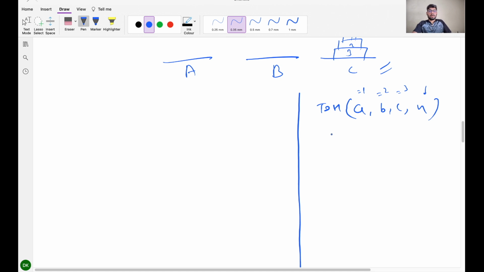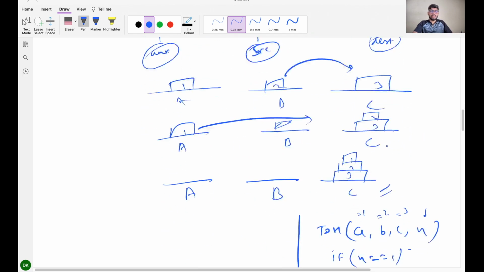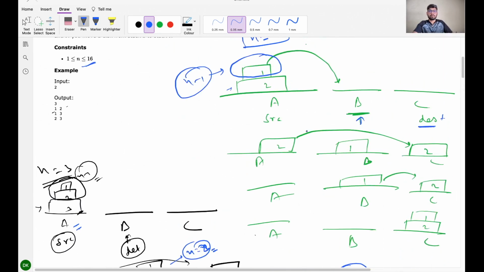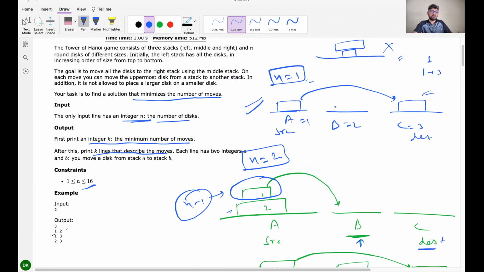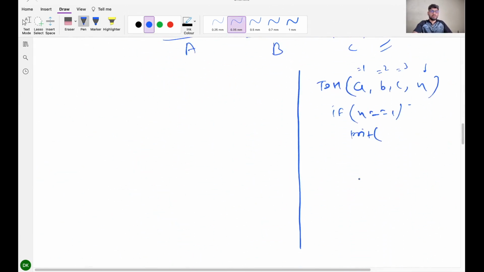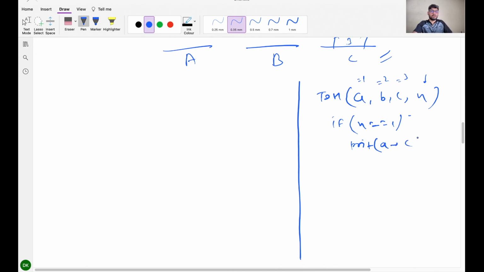So I am writing my base case. If N is equal to 1, then I just have to print or store A to C. For N equal to 1, it is just A to C, so I can store it in a vector or I can print A to C.